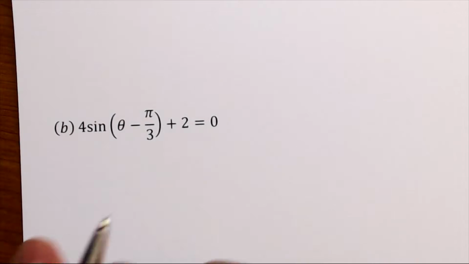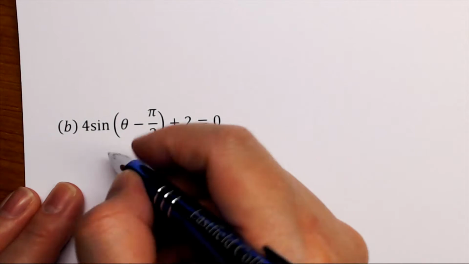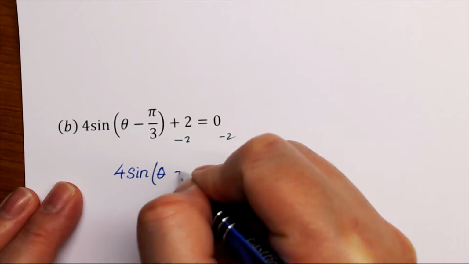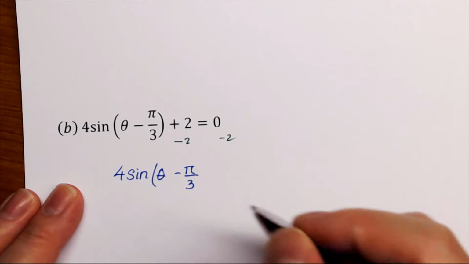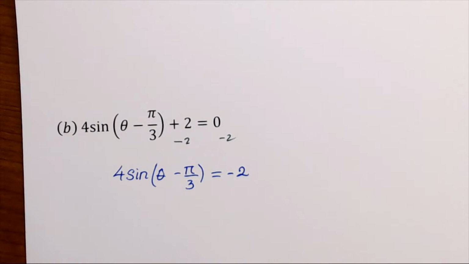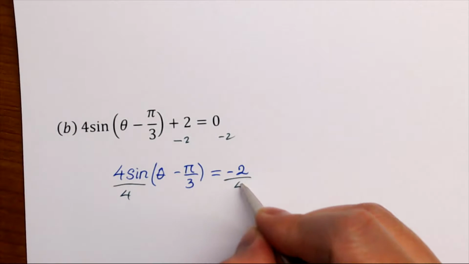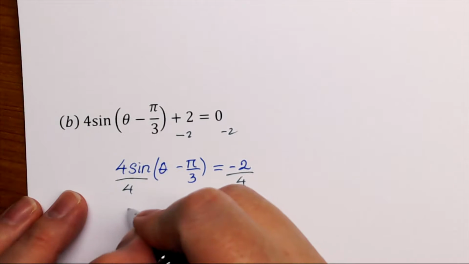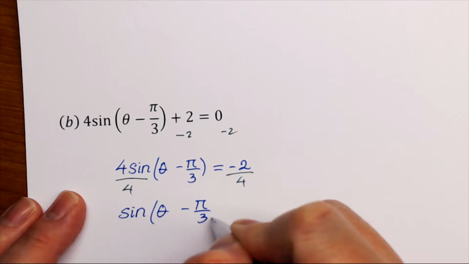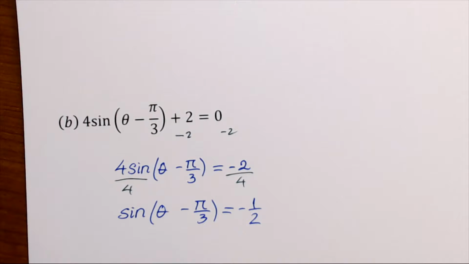So we minus 2 on both sides, and then we divide by 4. And sine of theta minus pi over 3 is negative 1/2.